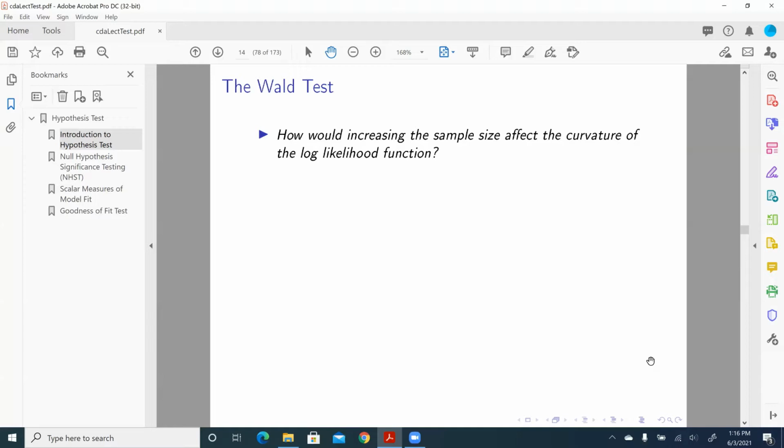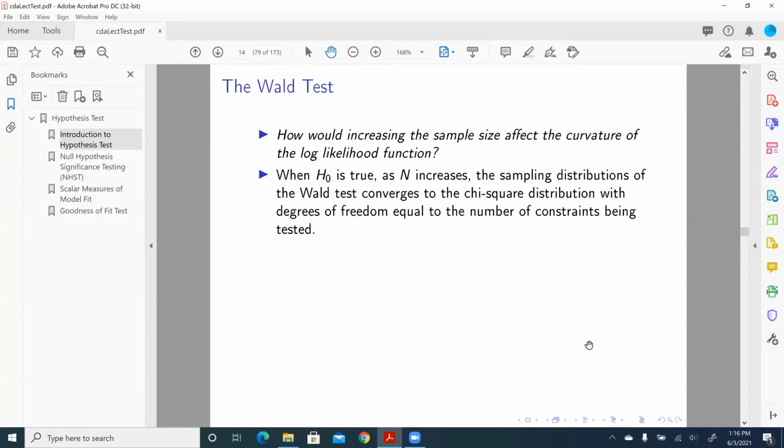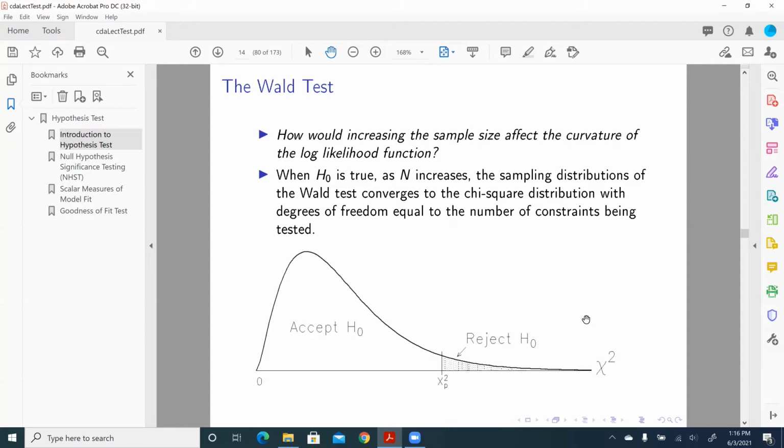Next, I want to talk about how increasing the sample size would affect the curvature of the log likelihood function. When the null is true, as n increases, the sampling distribution of the Wald test converges to a chi-square distribution with degrees of freedom equal to the number of constraints being tested.